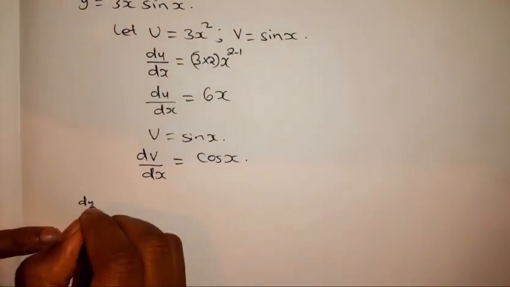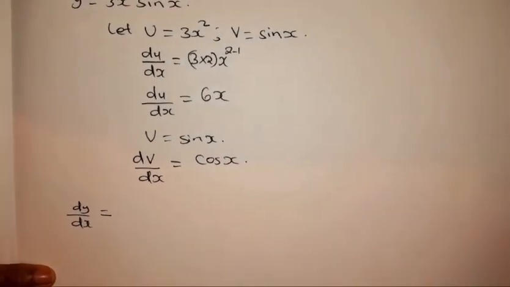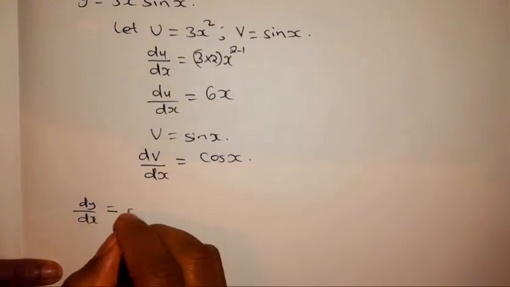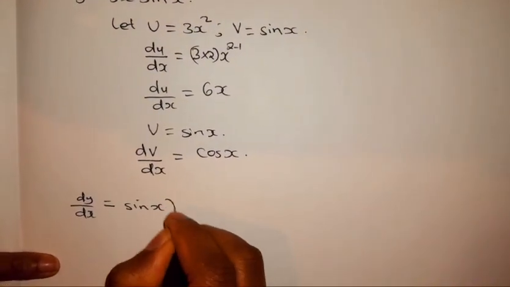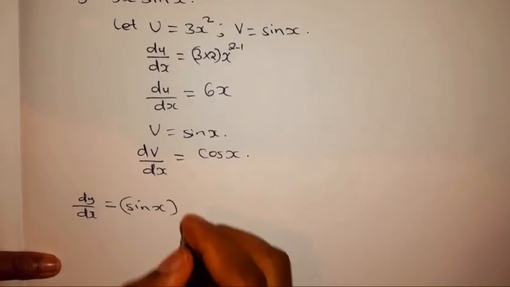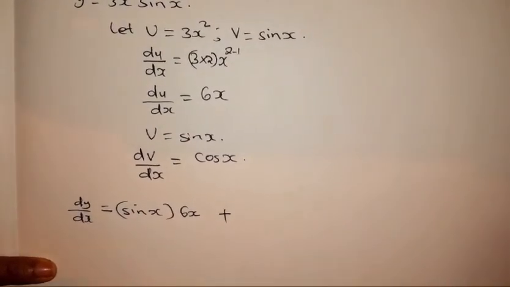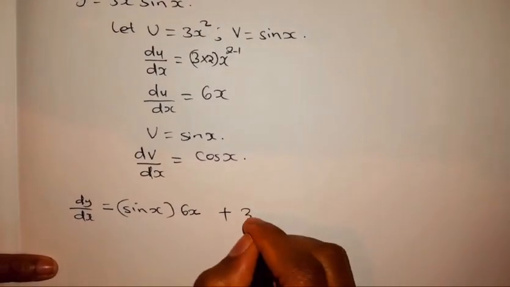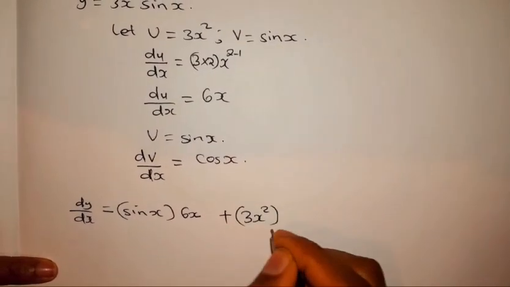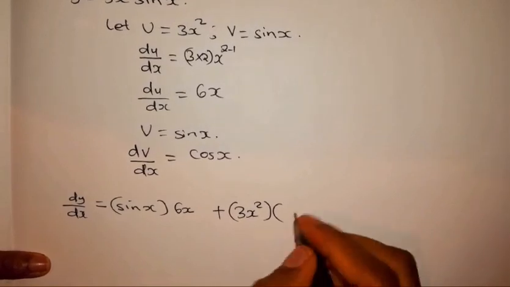Therefore, our dy/dx will be v, our v is sine x, multiplied by du/dx, which is 6x. Then all of it plus u, which is 3x squared, multiplied by dv/dx, which is cos x.